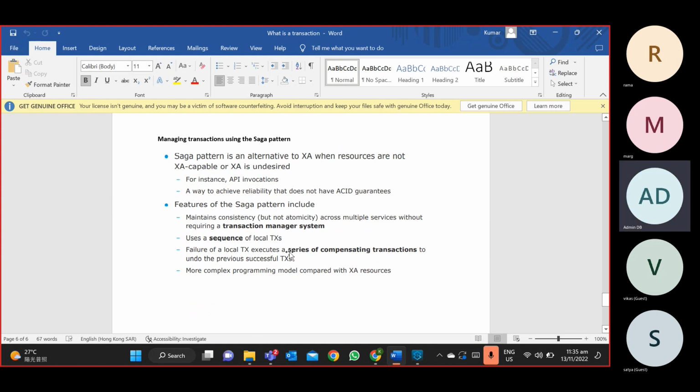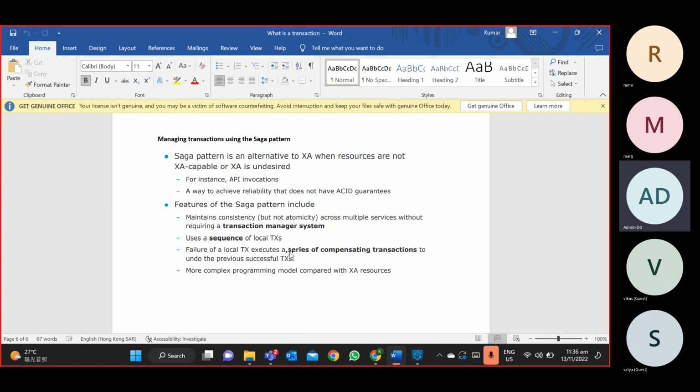Okay. So next thing we have discussed is the saga pattern. There are multiple connectors which do not support this XA transaction. So in that case, how do we manage the transaction there? Let's say we have one Salesforce operation where we are creating a record in Salesforce, but in a later phase, while connecting with another system, it fails.